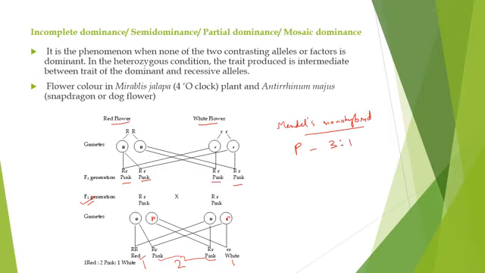But in incomplete dominance, the phenotypic ratio is 1 is to 2 is to 1. And the genotypic ratio in the case of Mendel is 1 is to 2 is to 1, and of course here also you find 1 is to 2 is to 1, but the phenotypic ratio is not matching with Mendel's phenotypic ratio.